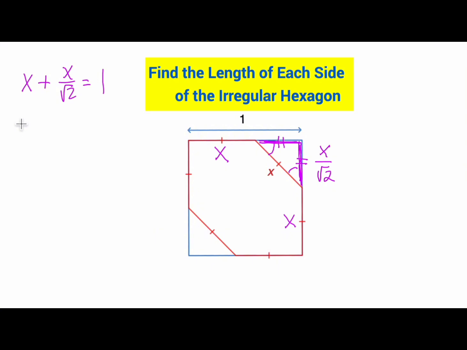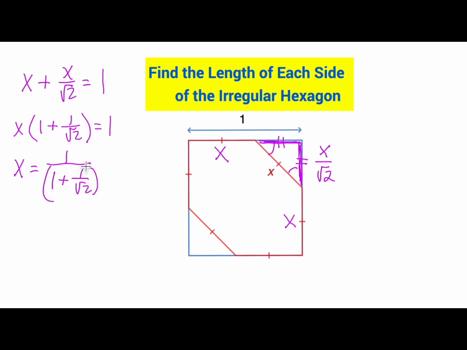So this becomes x times the quantity of 1 plus 1 over root 2 equals 1. So then this becomes x equals 1 divided by 1 plus 1 over the square root of 2.